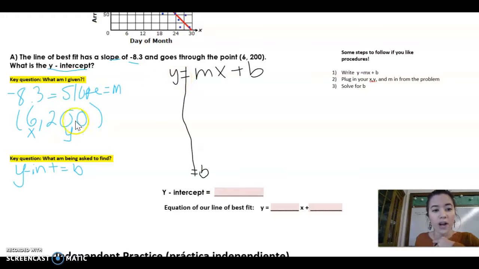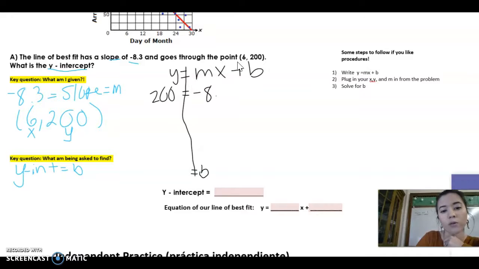So we know y is 200, so we'll plug that in for y. M was our slope, which was negative 8.3. X, first before we plug in the x, what operation is happening right here between my m and my x right now?